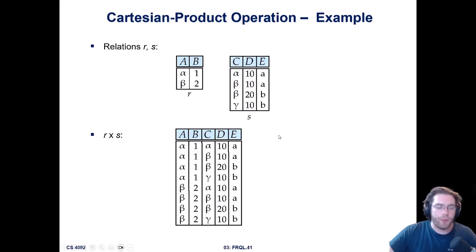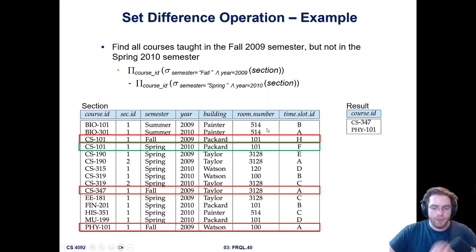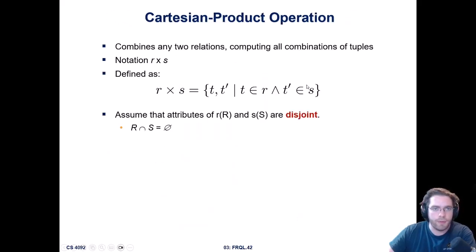Again, it's useful to remember that the order in which you put these two relations matters. Sometimes when you do set differences, it might be different based on which one you're calling first. Cool. So the Cartesian product combines any two relations, computing all combinations of tuples.